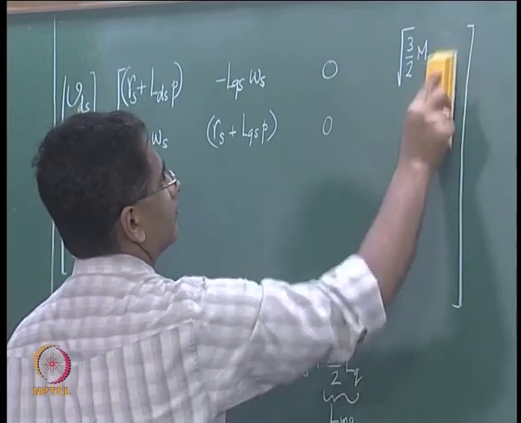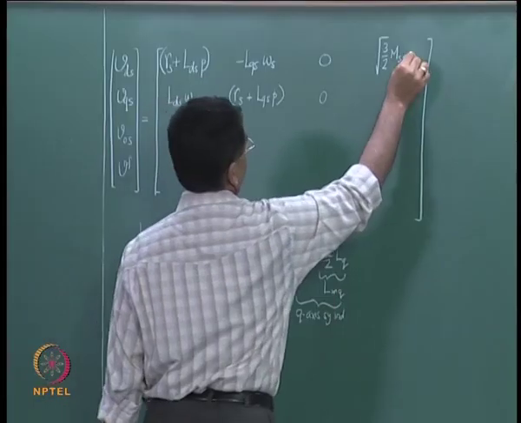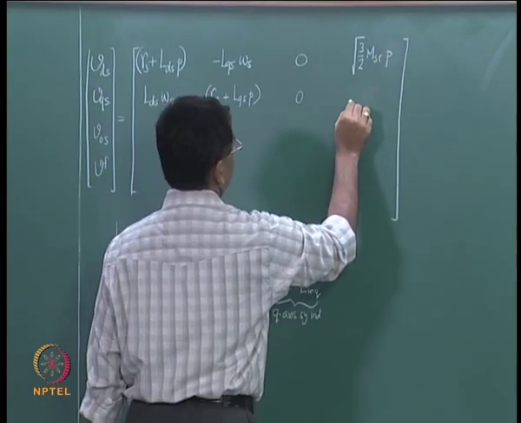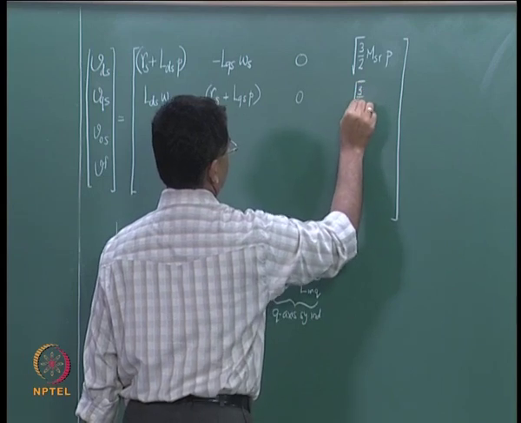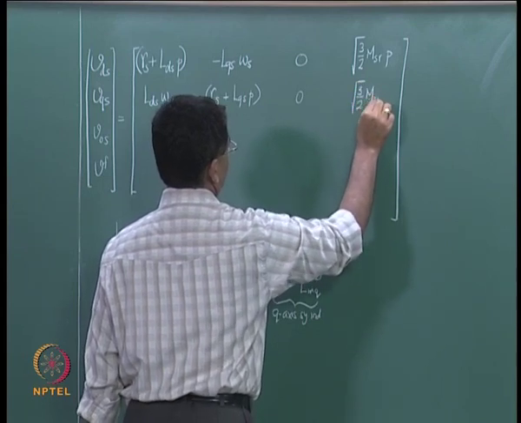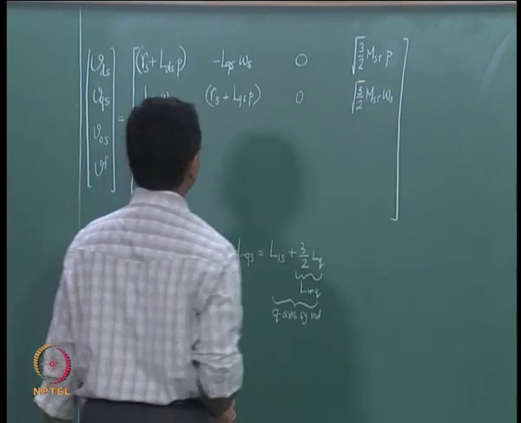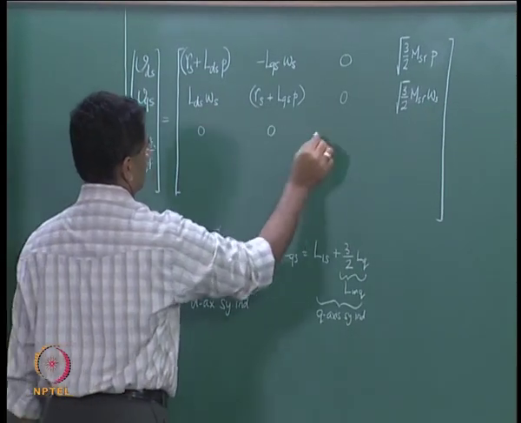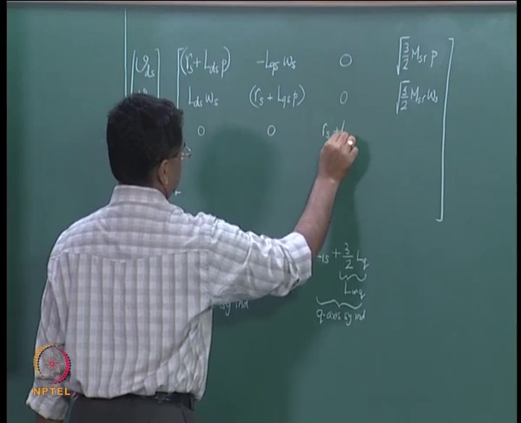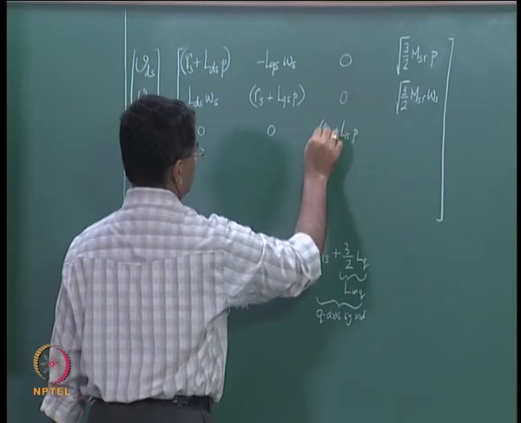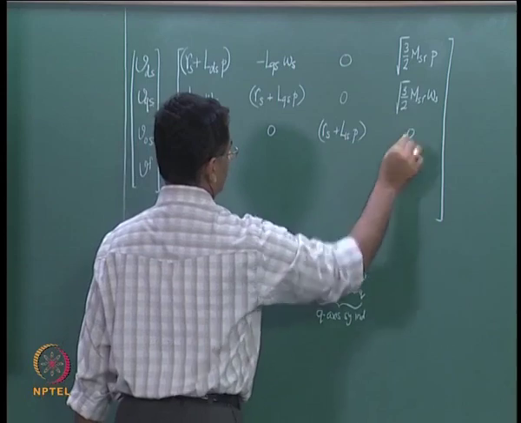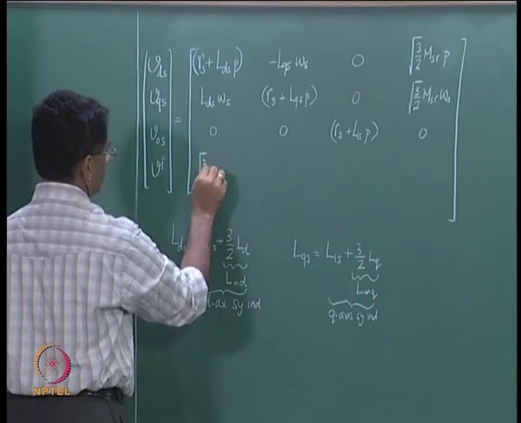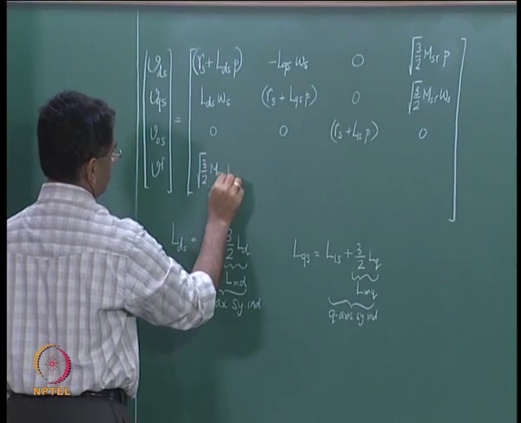Along the direct axis, you have the speed EMF, root 3 by 2 into MSR into omega s, and then along the 0 axis, Rs plus LLs into P, there is nothing there. Here you have root 3 by 2 into MSR into P.